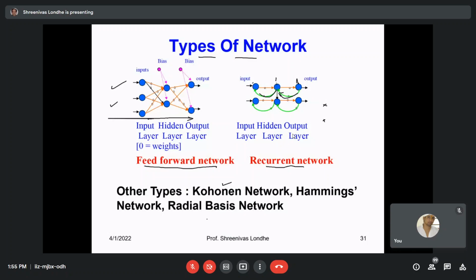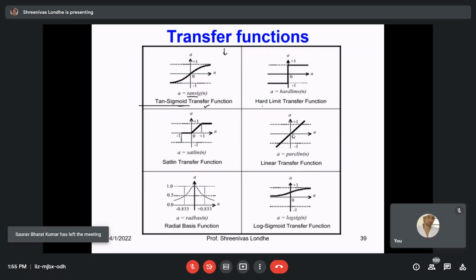Whatever we have said, the total information collected in a summation plus the bias is processed further using these transfer functions. So how many transfer functions are there? The tan-sigmoid transfer function, which is known as tansig. Another one is the hard limit transfer function, known as hardlim. Then the saturating linear transfer function, linear transfer function, radial basis functions, and log-sigmoid transfer functions.